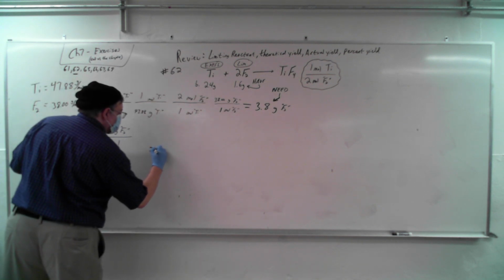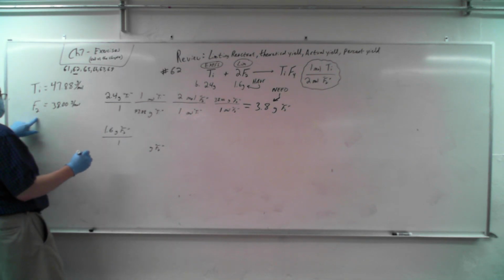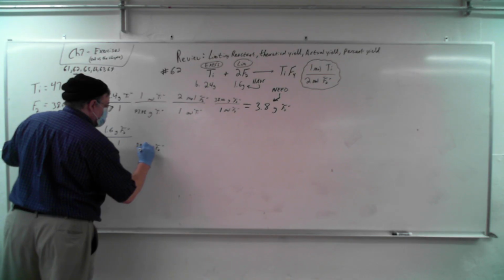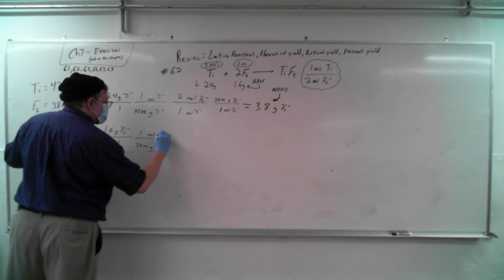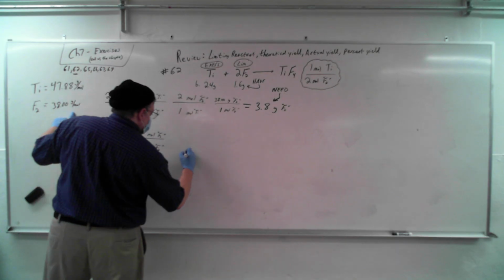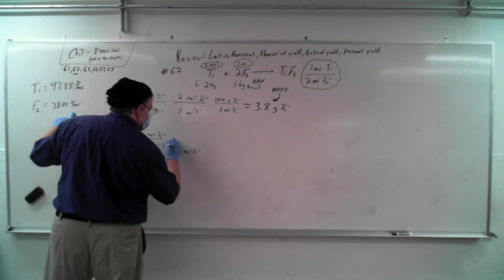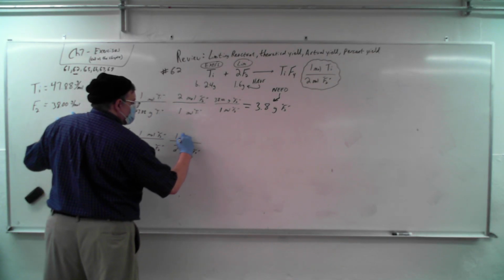Down here, F2, and it's these grams, so 38.00 grams per mole of F2. And down here is mole of F2. That's the mole relationship, so 2 moles of F2.